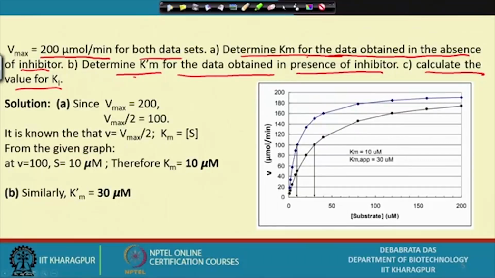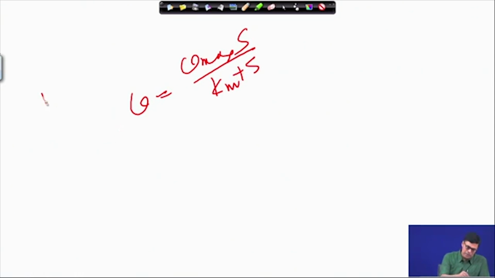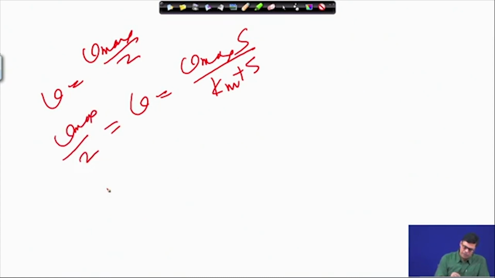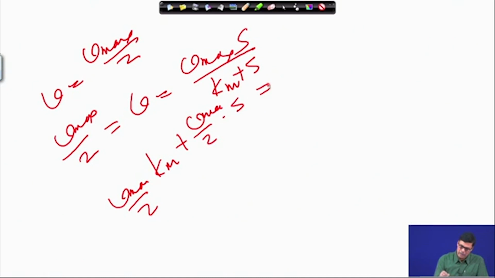Now, when you talk about the Km value, we know that when V equals Vmax by 2, then the substrate concentration S is equal to Km, because I can show you that we have V equal to Vmax S over Km plus S. Now, if we assume V equal to Vmax by 2, then Vmax by 2 into Km plus Vmax by 2 into S equals Vmax S. So, I can bring it to that side, and then we will find that Km is equal to S.